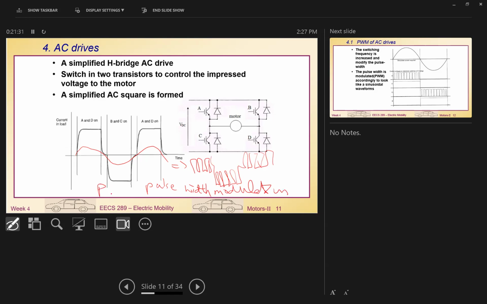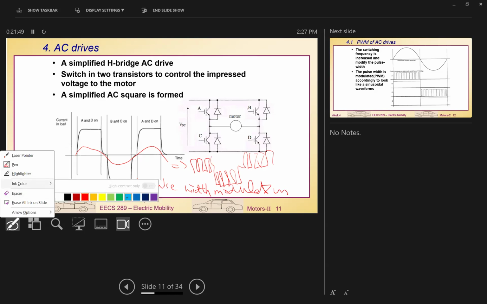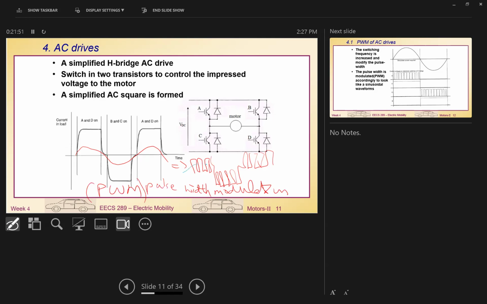So of course we know it as PWM. That's the name we usually use. Later on we'll show you more about PWM. So that's how the waveform becomes more like a sine wave. Once we use a high-frequency waveform, you can see that the voltage will still look more like a sine wave.